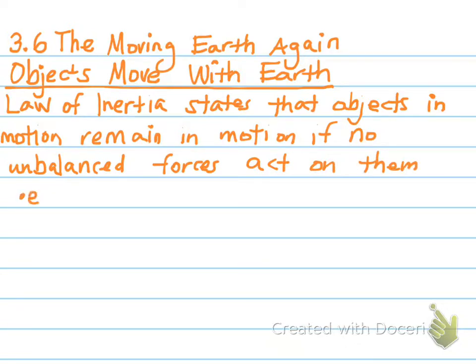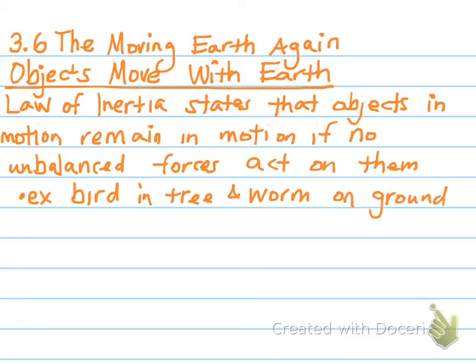So that example with the bird and the tree and the worm on the ground. The idea here is that that bird is able to drop straight down to get the worm because the bird, the tree, the worm, the ground, or the earth are all moving 30 kilometers per second. They're all moving together, okay?